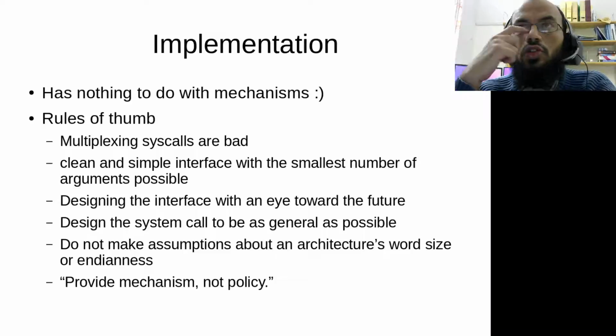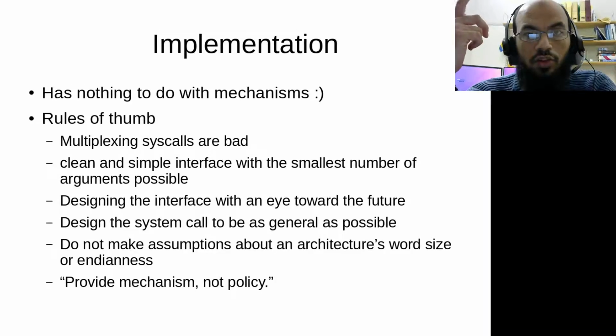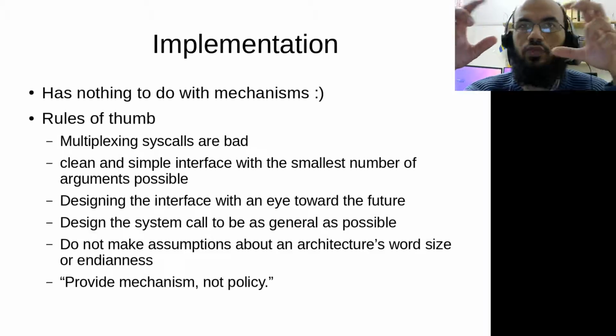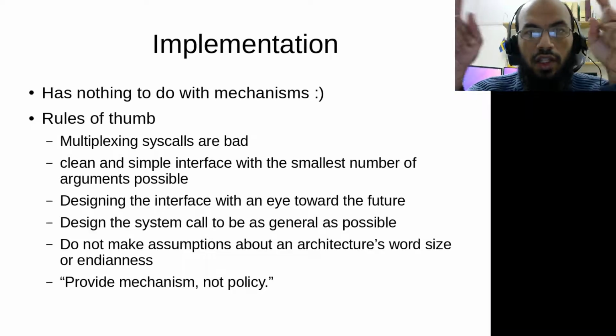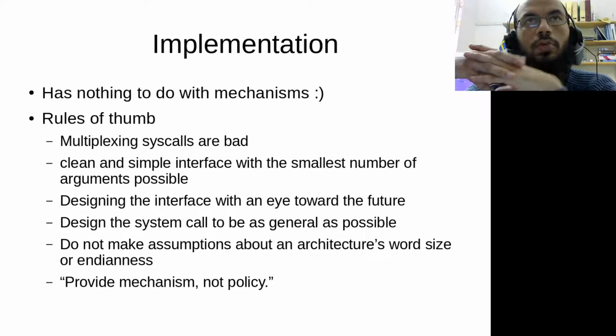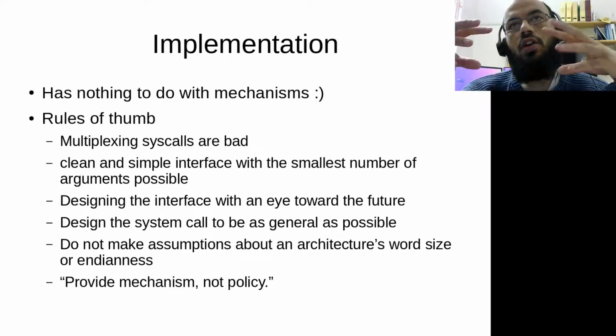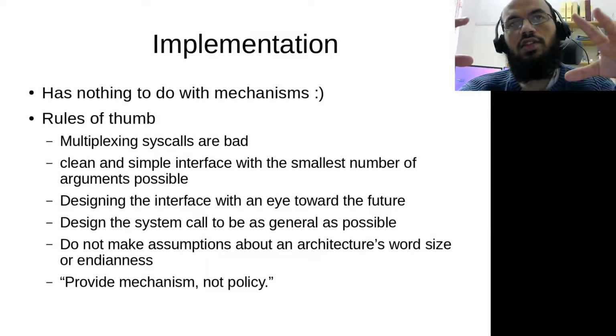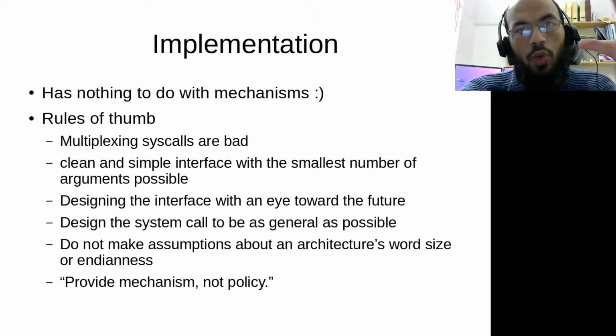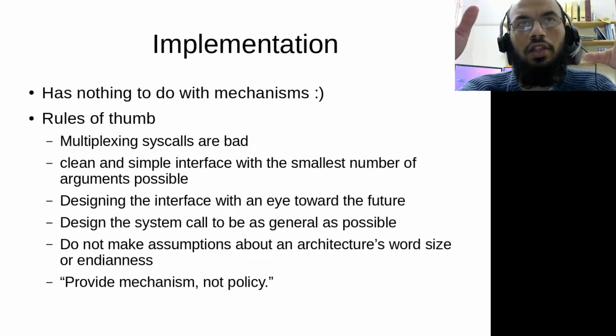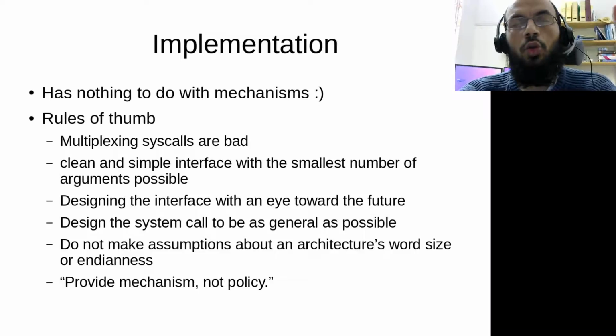So you should not have a get PID system call where, if it gets as input number 1, it will return the thread ID, if it gets an input number 2, it will return the process ID, and if it gets 3, it returns the parent's ID.